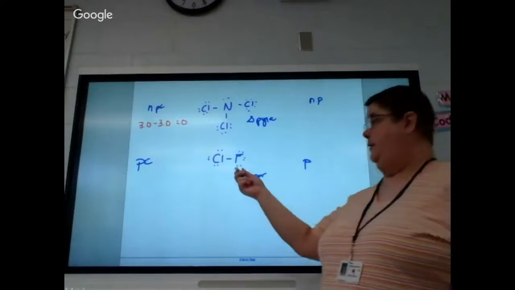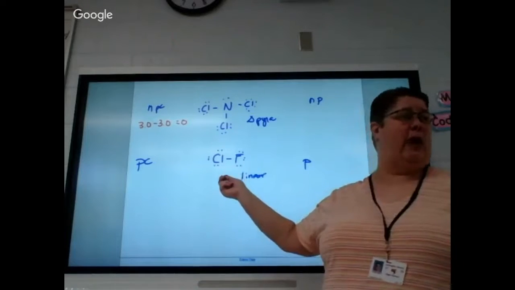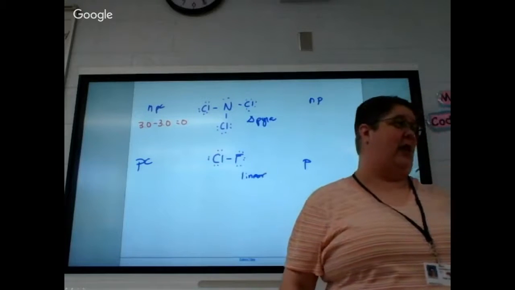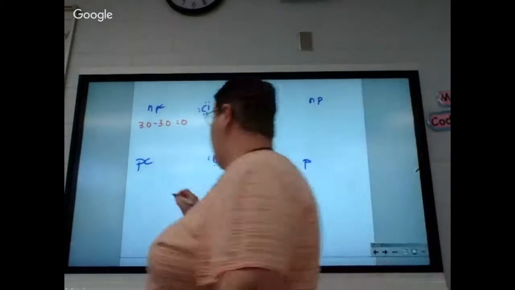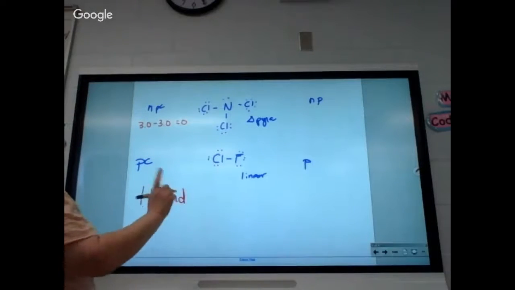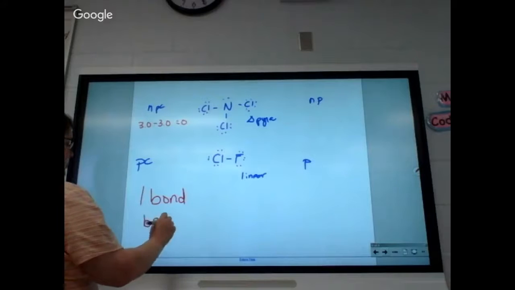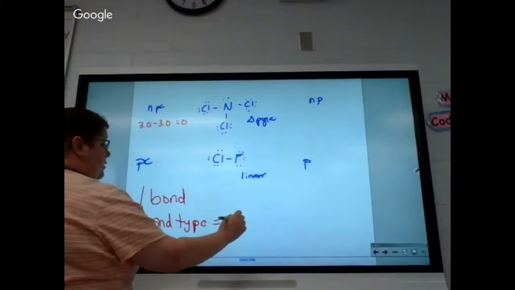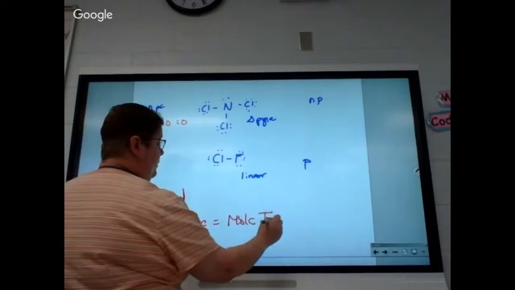Because it's one bond. That has no central atom. It has to have two bonds to have a central atom to use those rules. Anytime it has one single bond, the bond type equals the molecule type.